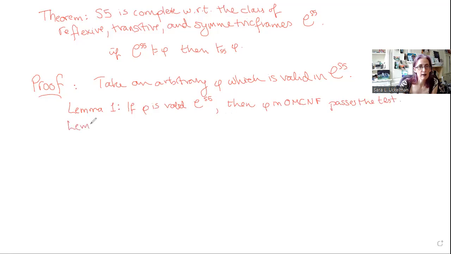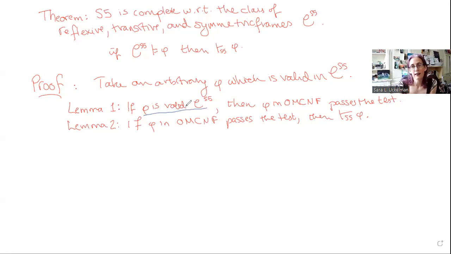And then we've got the lemma that we proved in the previous video, which says that if phi in ordered modal conjunctive normal form passes the test, then we can prove it in S5. And not only that, but I gave you the method for actually generating the proof. So if you take these two things together, we've got on the one hand, if phi is valid in the class of frames, which it is by assumption, then it passes the test. But if it passes the test, then we can prove it.